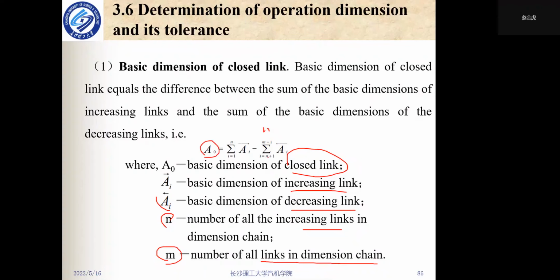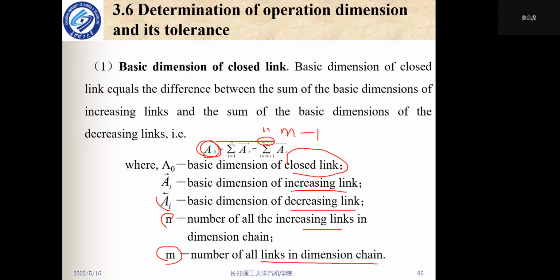So it goes from N plus 1 to M minus 1. The M minus 1 means we have excluded the closed link I0.